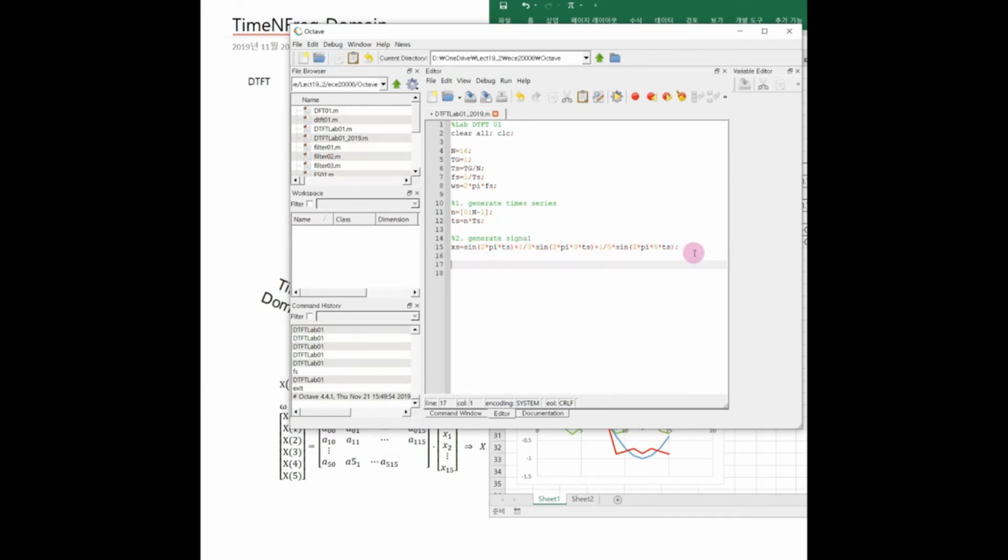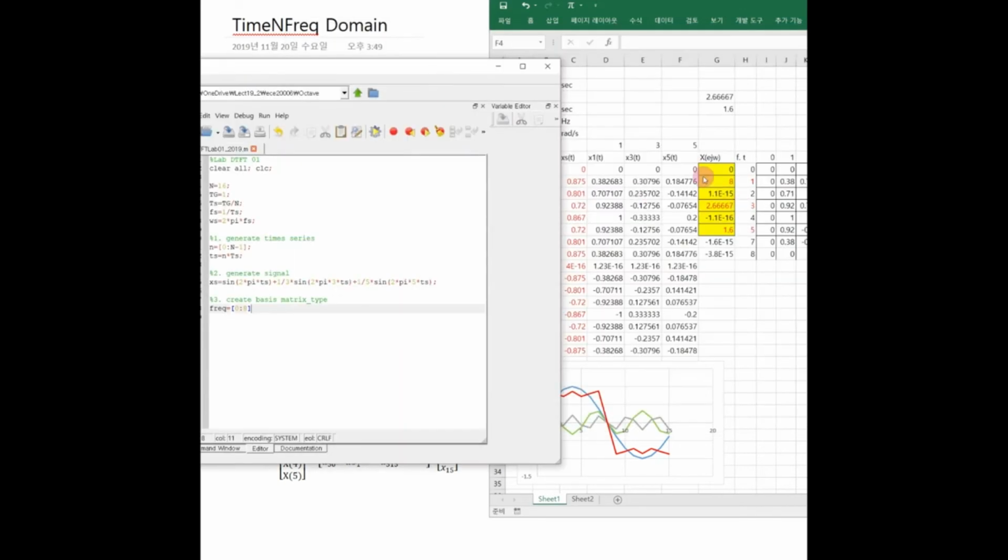Okay, and next I would like to create the basis function, the basis matrix. At this moment I would like to check the frequency over 0 to 8, as I have done over here: 0, 1, 2, 3, 4, 5, 6, 7.